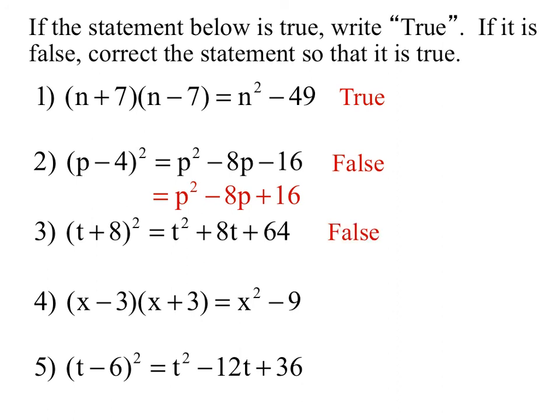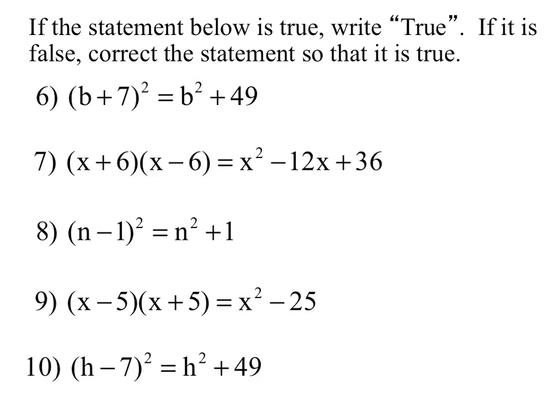Number 3 is false because I didn't double my linear term. Number 4, true statement, it's a difference of squares. And number 5 is a true statement, it's a binomial square. Number 6, false. Remember, the only time you have two terms from a binomial by a binomial is with a difference of squares.